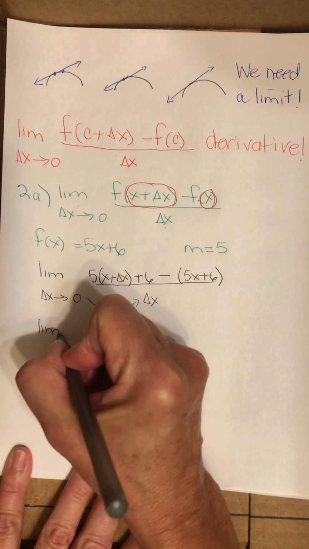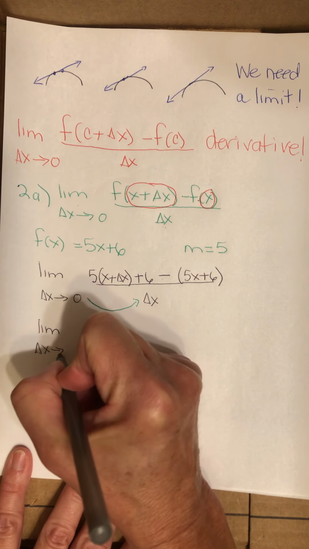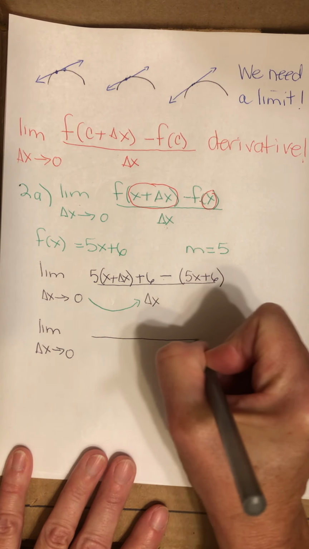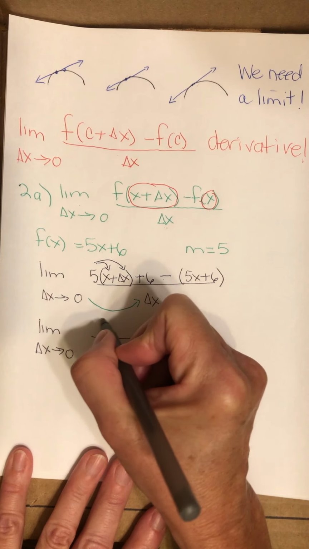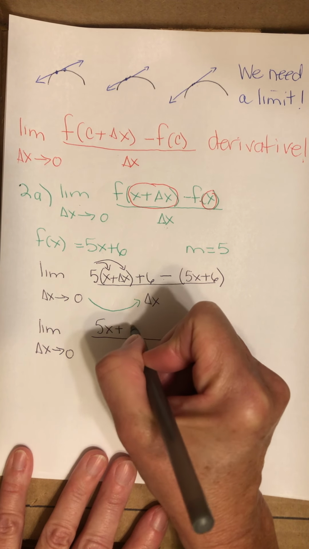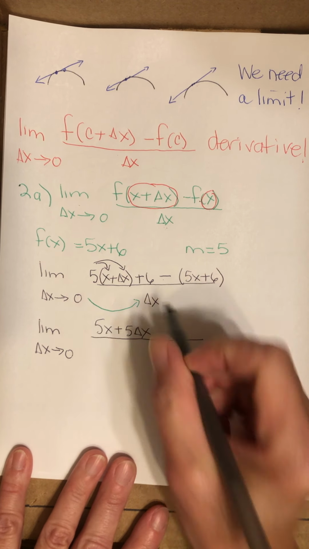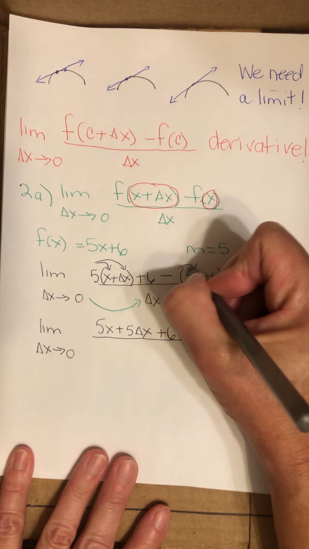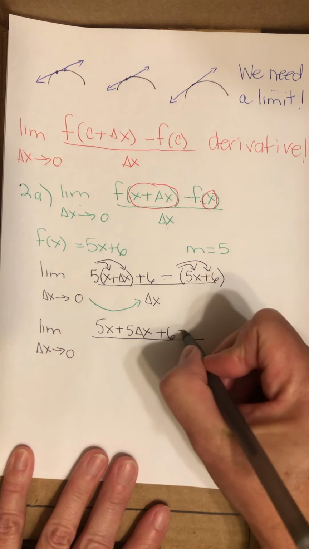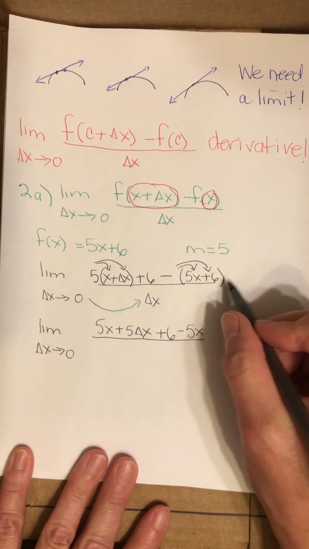The limit is delta x approaches 0. Okay, here we go. I'm going to distribute the 5 to the x and the delta x. Don't forget your plus 6. And I am going to distribute the minus sign to the 5x and the plus 6.